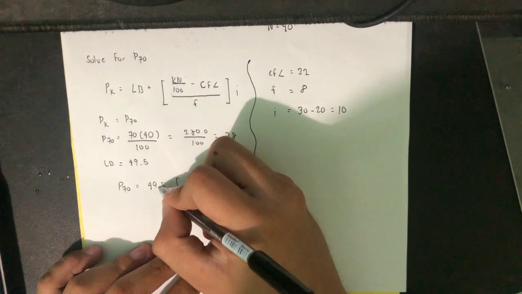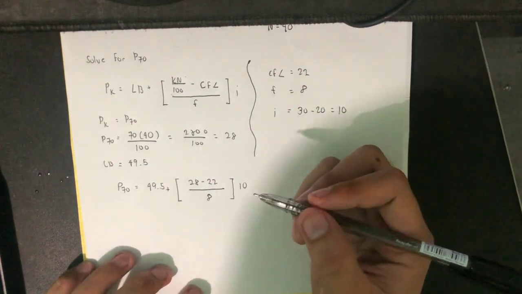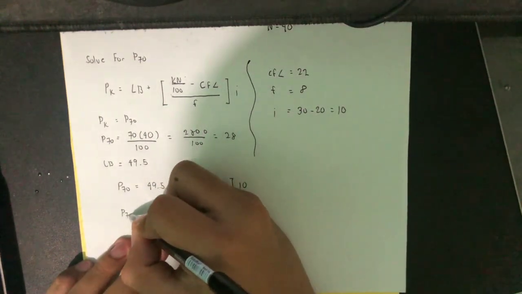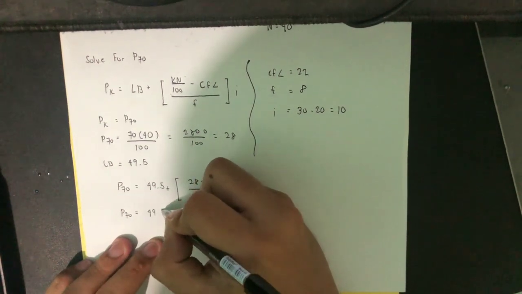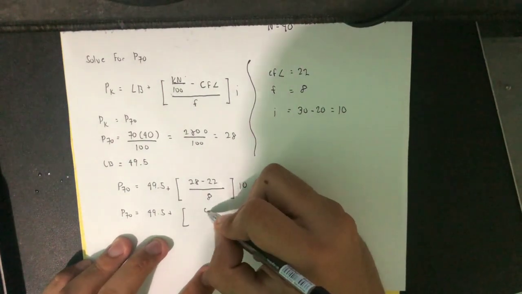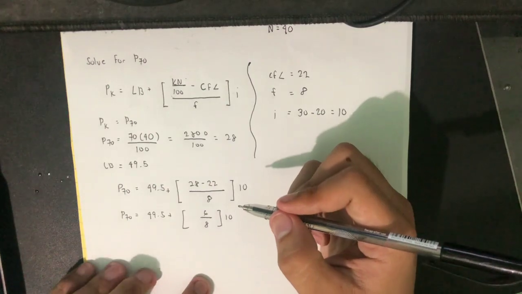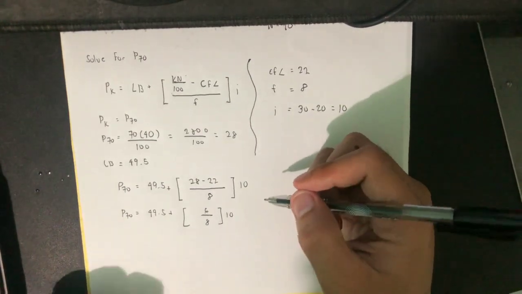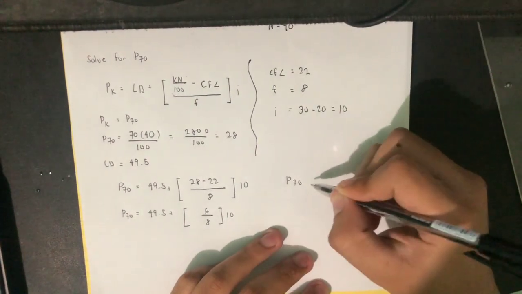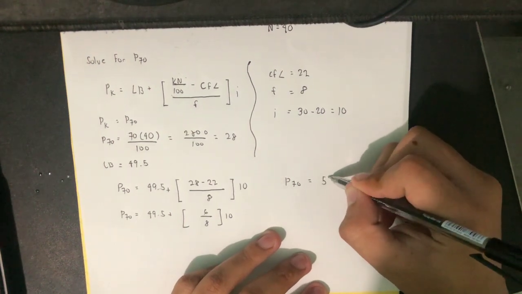So now we can solve for P70. Using your calculator, P70 is 49.5 plus 28 minus 22, which is 6, over 8 times 10. Using your scientific calculator, P70 is equal to 57.